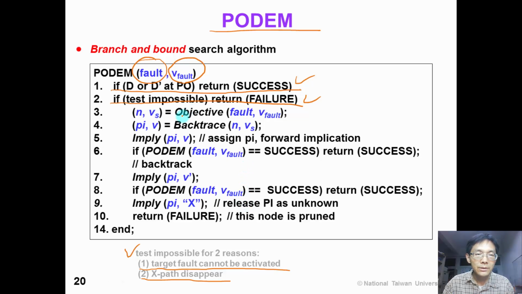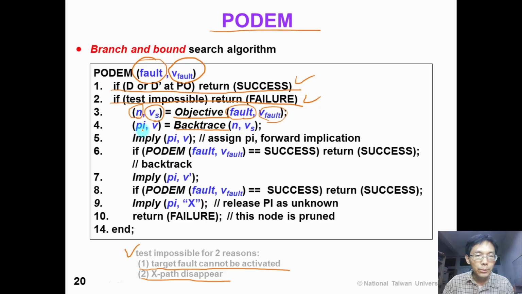If test generation is still possible, we call the objective function given the fault and the stuck-at value. We obtain the objective net N and the objective value Vs. Then we backtrace on this objective.